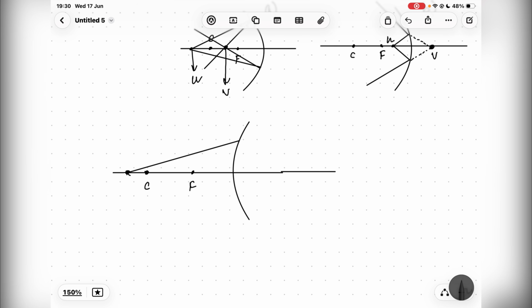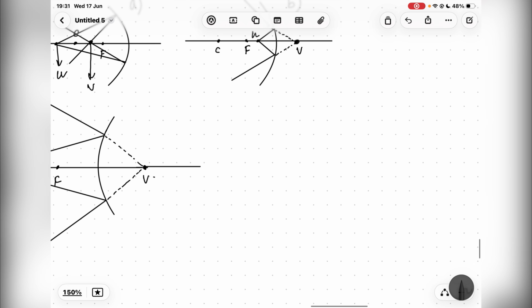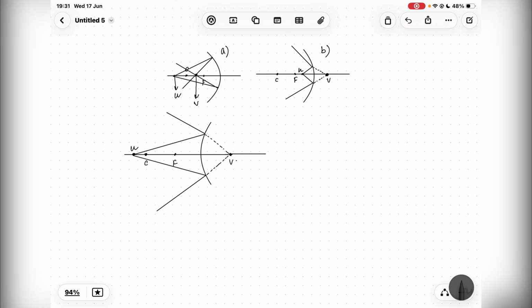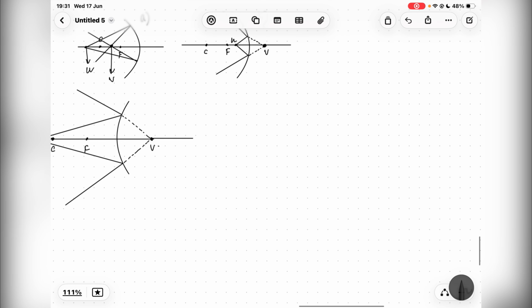Ray 1, ray 2 gets diverged, meet somewhere here. So this is V, this is U. Okay, and that special case that we saw, we can leave it because we have already seen that special case.